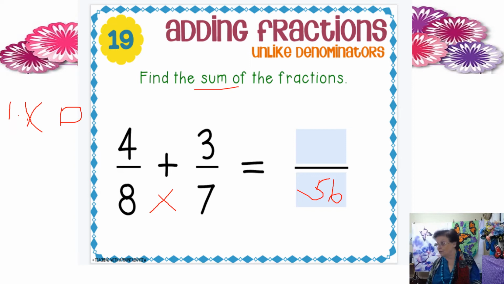Now, whatever you do to the bottom, you have to do to the top. I multiplied 8 times 7, and I multiplied the 7 times 8. So, on the top, I have to multiply this numerator by 7. So 4 times 7, and this numerator by 8. So 3 times 8.